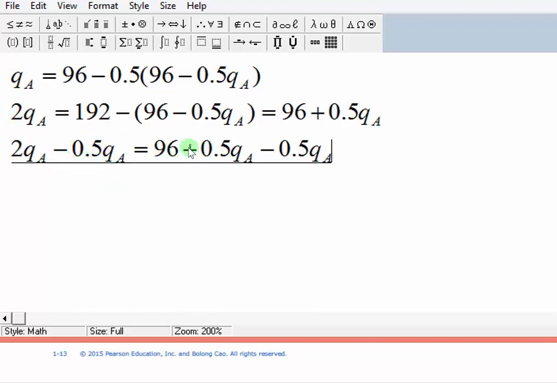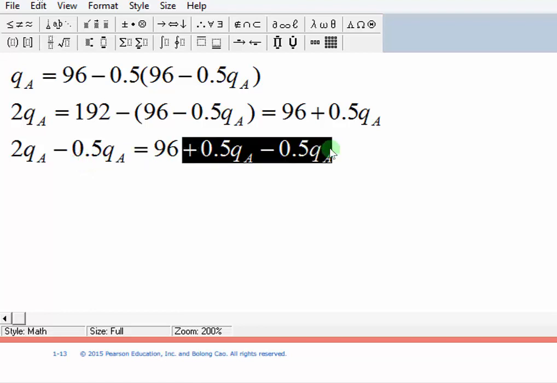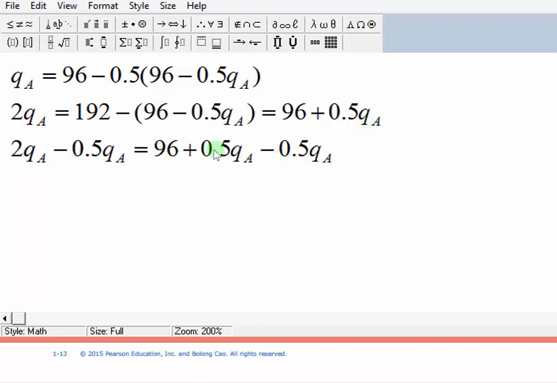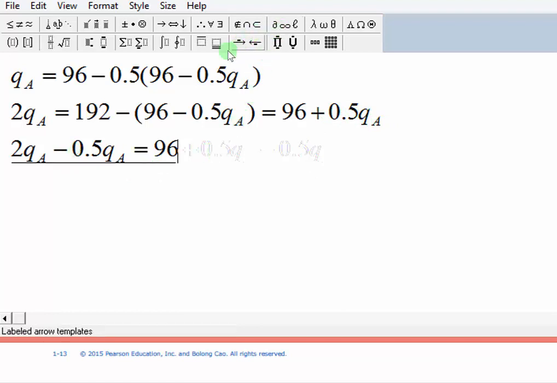Because we know that after we subtract the same thing on the right hand side here, this term is 0. So we just flip the sign of half QA, then we can move it onto the other side of this equation.